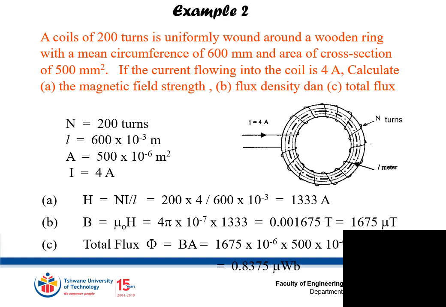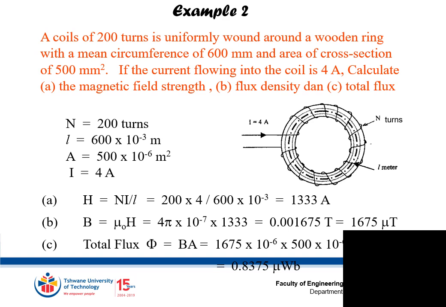So to calculate the magnetic field strength, H is equals to Ni over L. Number of turns times the current divided by the length. So this is 200 times 4 amperes divided by 600 times 10 to the power minus 3 meters. It gives us 1333 amperes per meter.